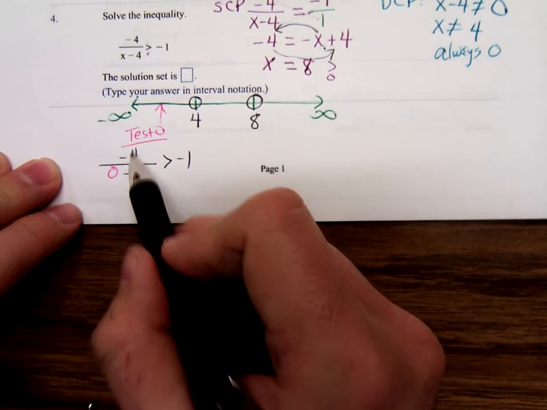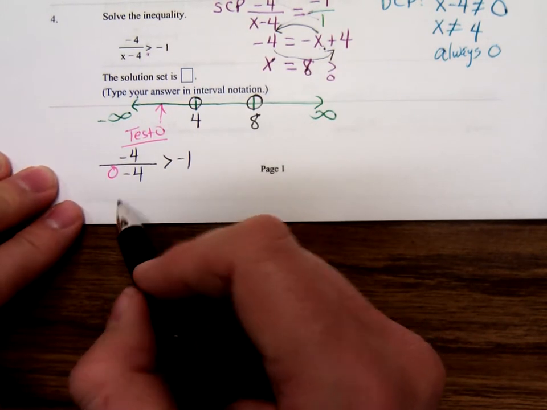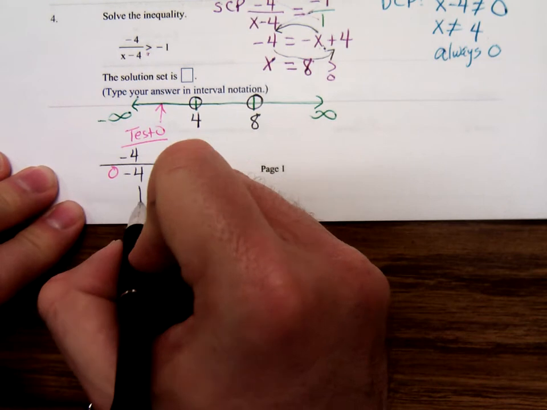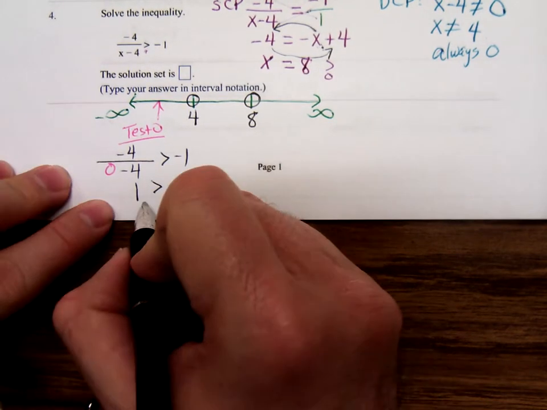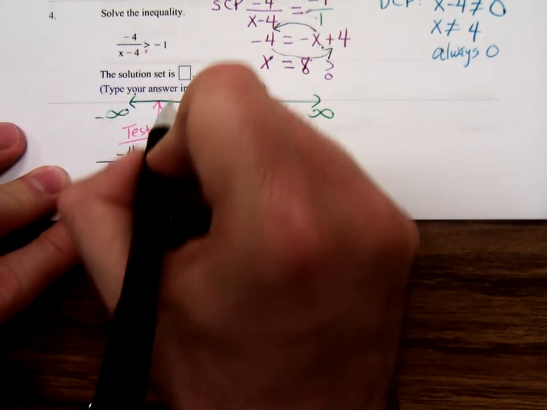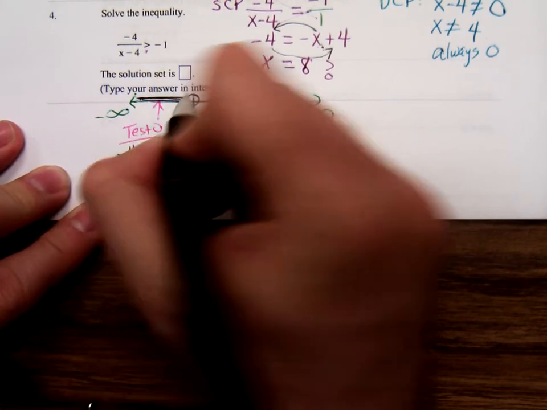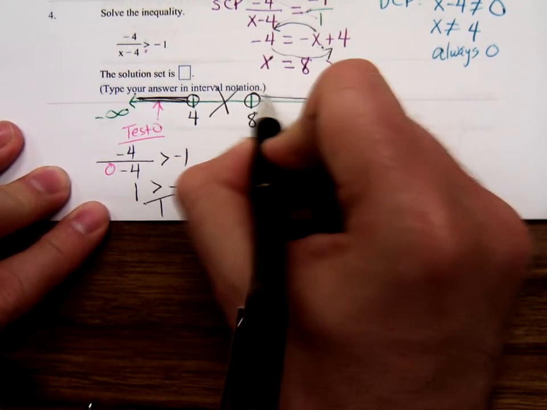Well, negative 4 over negative 4 would be a positive 1. 1 is greater than negative 1. Ooh, there goes the light sensor. That's true. So true, false, true.